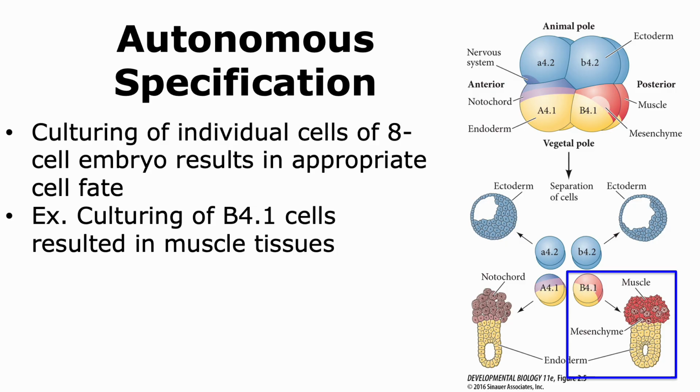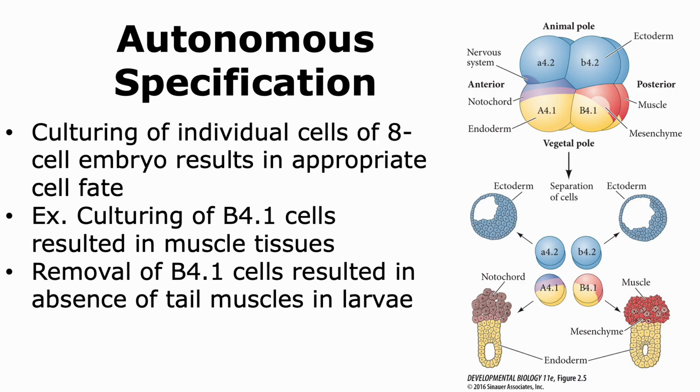Since they formed the muscle tissues and not the entire embryo, this showed that the cell B4.1 underwent autonomous specification. Furthermore, the removal of the B4.1 cells resulted in the absence of tail muscles in the developing embryo. This is true for a lot of other cells also, where they already know their fate very early on in development. Thus, tunicates are a great model to study autonomous specification.